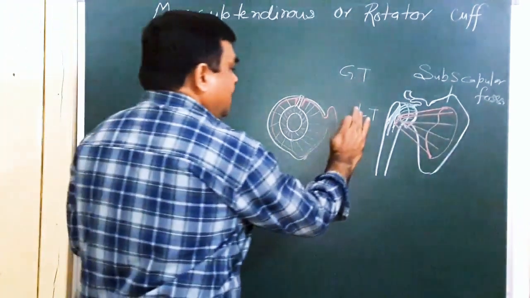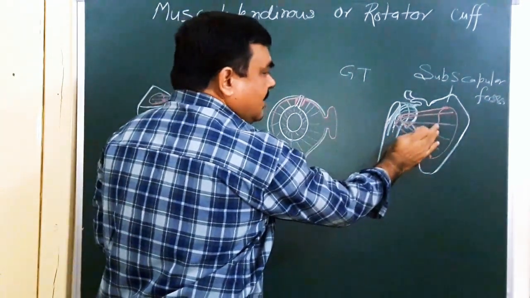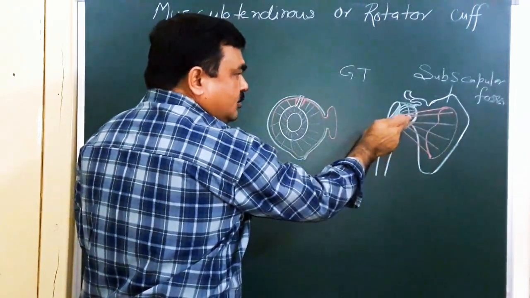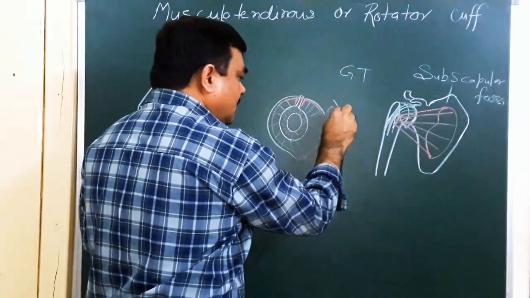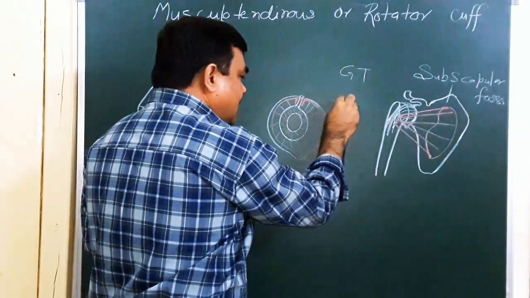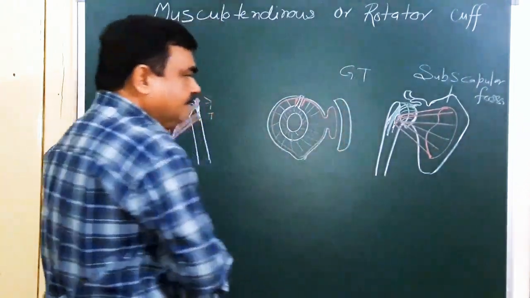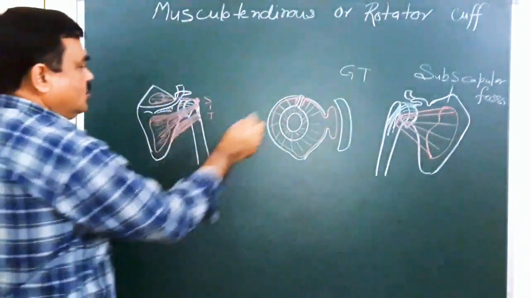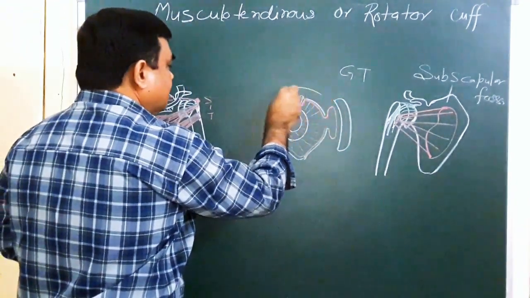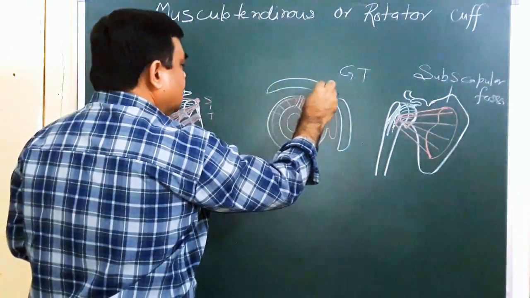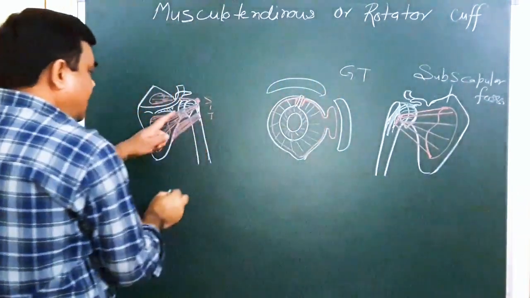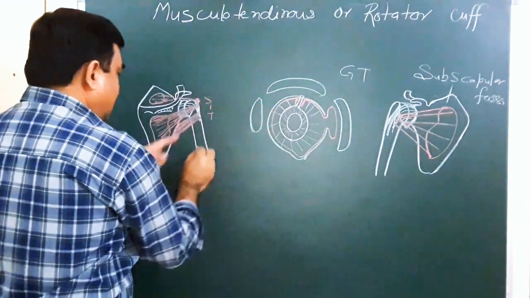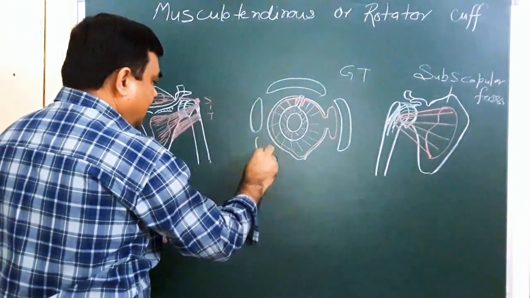Now, this muscle subscapularis crosses the joint. Here is position of subscapularis muscle. Here is position of supraspinatus muscle. Here is position of infraspinatus, and here is teres minor.